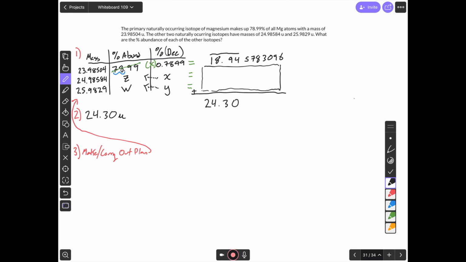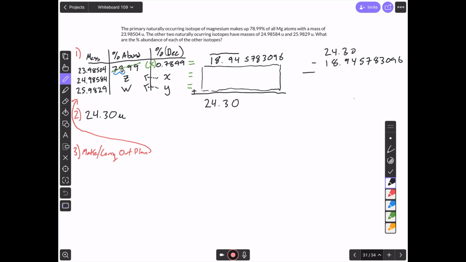Set that up vertically. So that's going to be 24.30 minus 18.945783096.